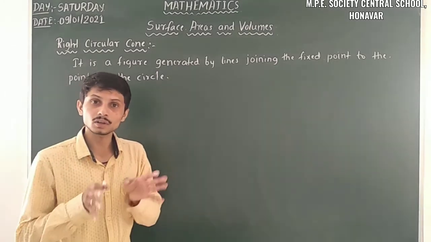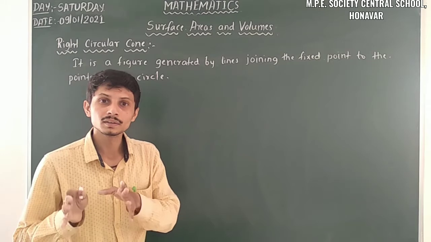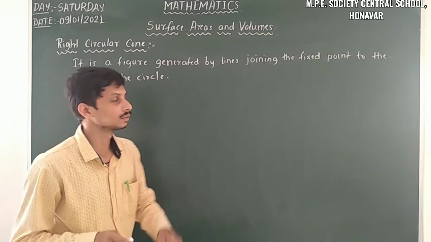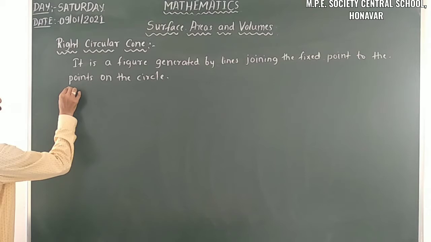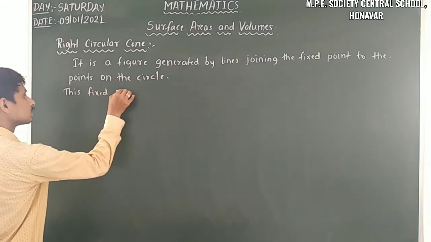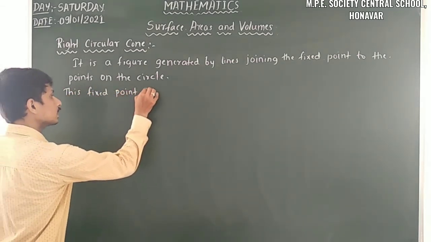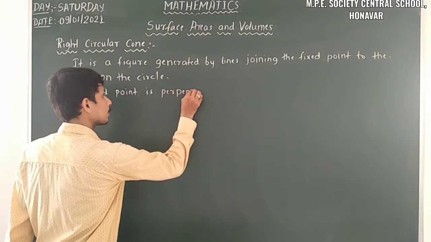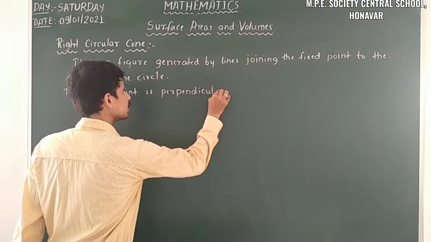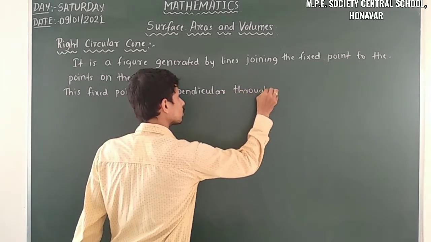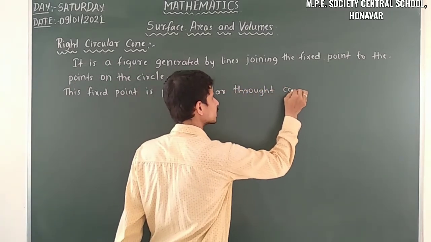That fixed point is always perpendicular through the center of the circle, the center of the bottom circle. So this fixed point is perpendicular to the center of the circle.